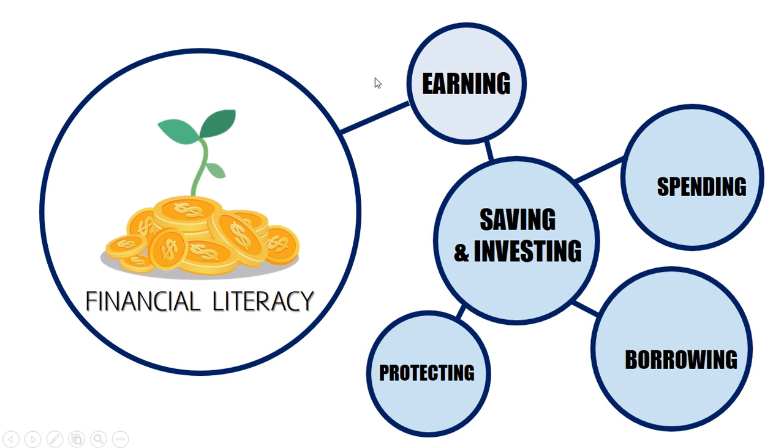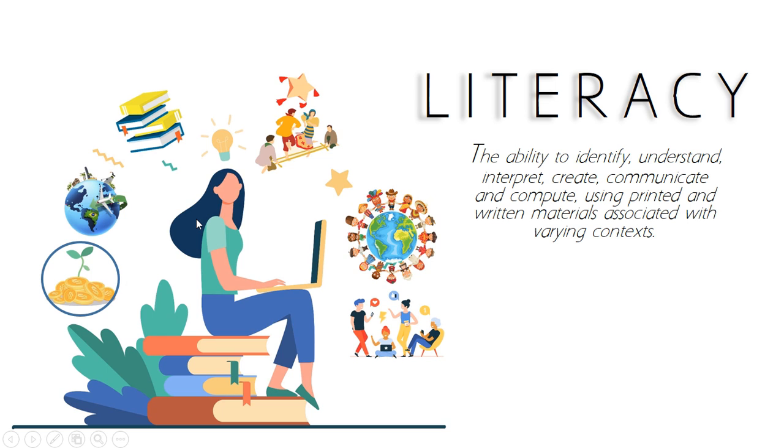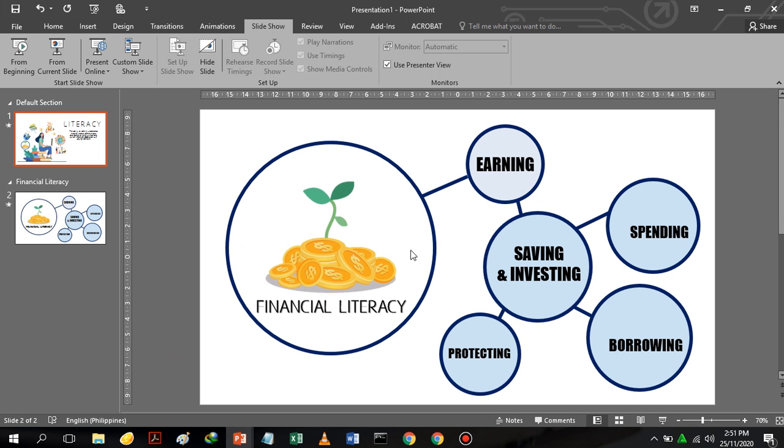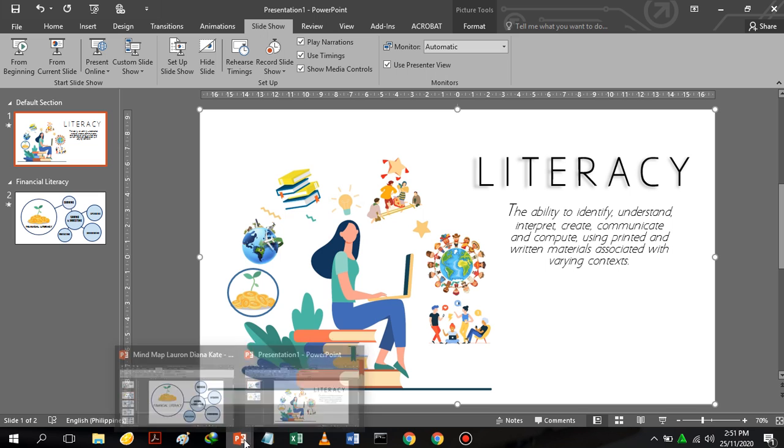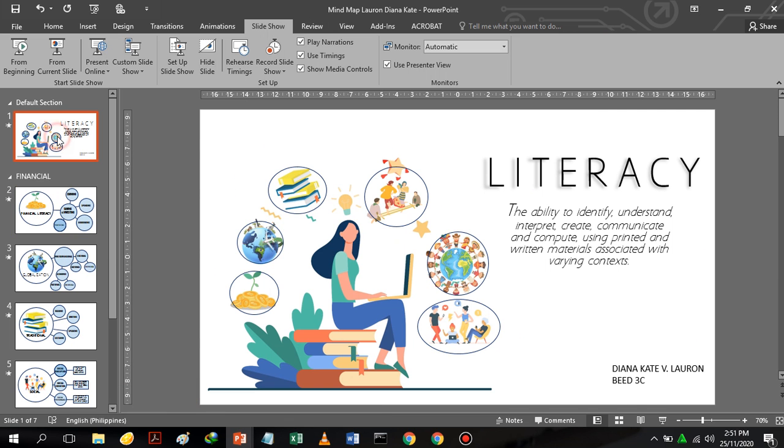So here is our mind map. And when we click this icon, we will be diverted back to the first slide. So the same thing that you are going to use with these other icons, in order to produce this one.